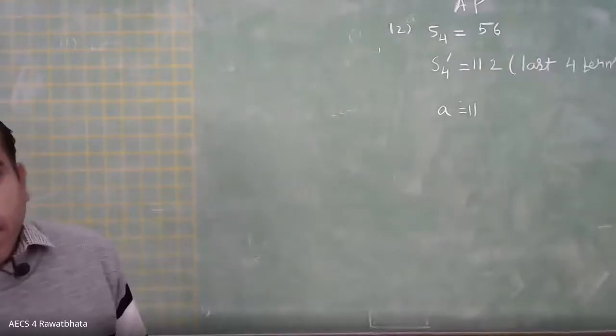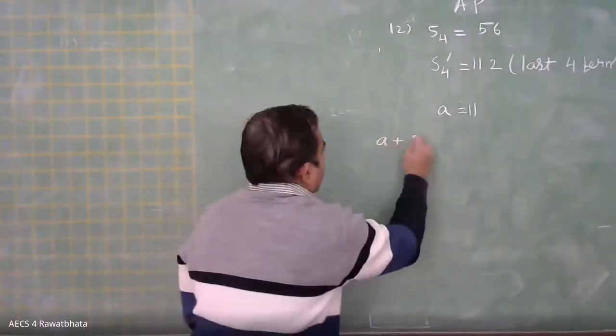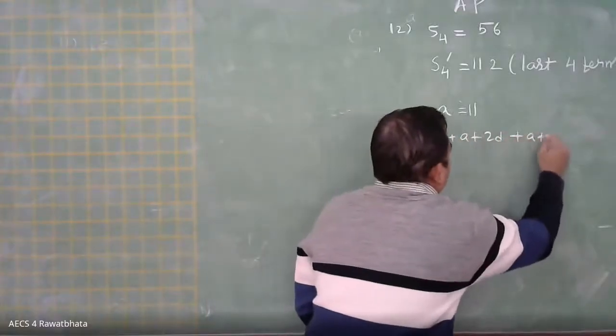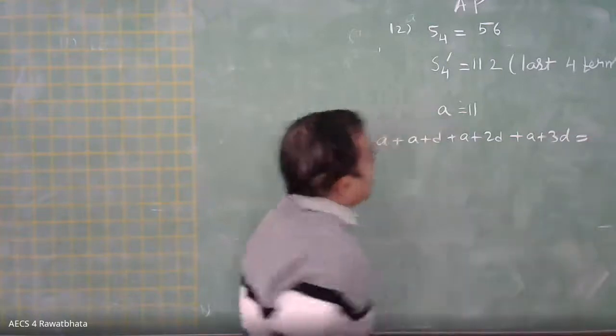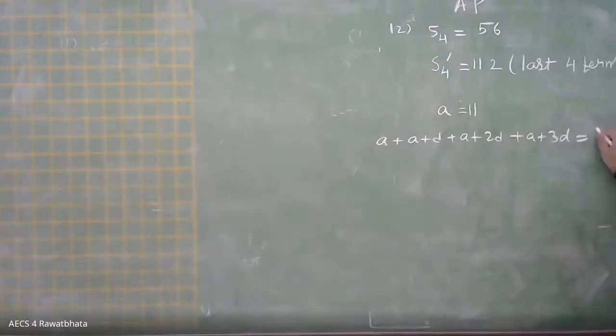Sir, we can suppose first term is A, second term will be A plus D, third term will be A plus 2D, A plus 3D are the first four terms, and this I write equal to 56. Okay. Then what next?